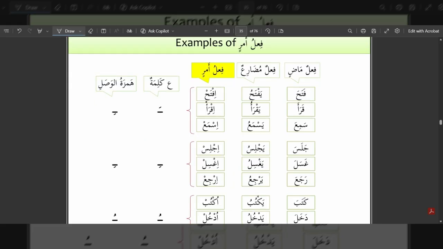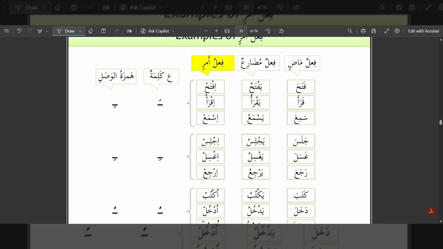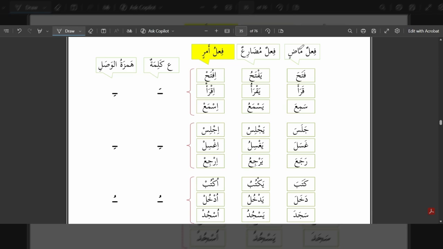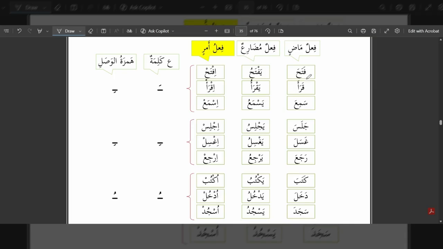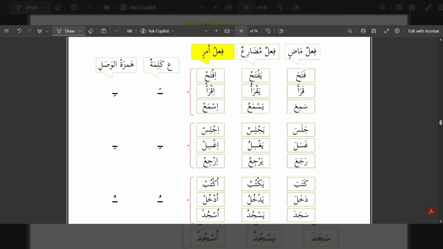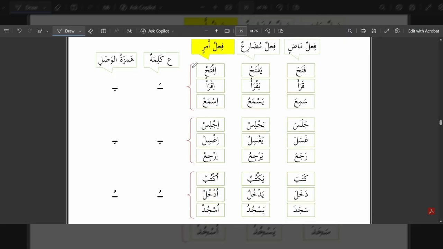So let's look into this further, some examples of fi'al al-amr. So fi'al al-madi, we have the past tense, the mudari, the present tense, and the fi'al al-amr, imperative verb. So let's look at this. These verbs have been grouped because these three verbs here have the ain kalima as fatha. So therefore, the hamzatul wasl has been given a kasra. So fataha, he opened.